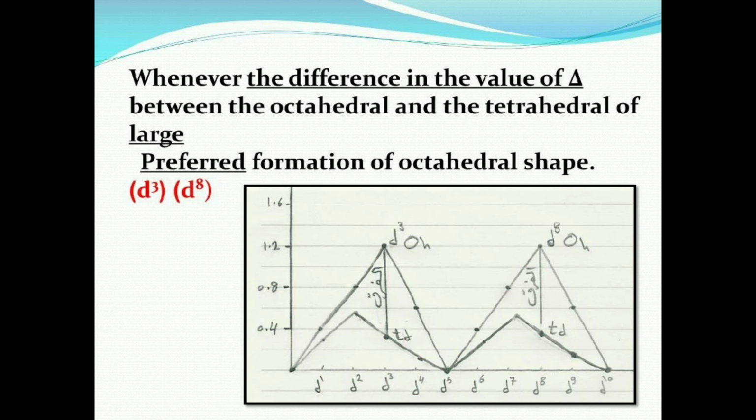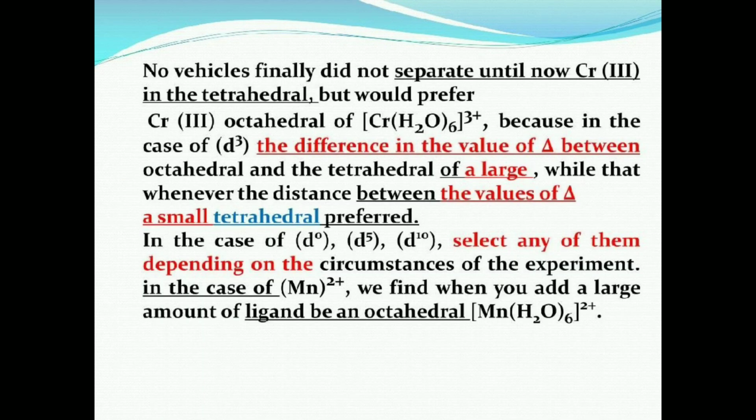Now, whenever the difference in the value of delta between the octahedral and tetrahedral is large, the formation of the octahedral shape is preferred, that is d3 and d8. For example, chromium 3+ would prefer octahedral [Cr(H2O)6]3+ rather than tetrahedral, because in the case of d3 the difference in the value of delta between octahedral and tetrahedral is large.